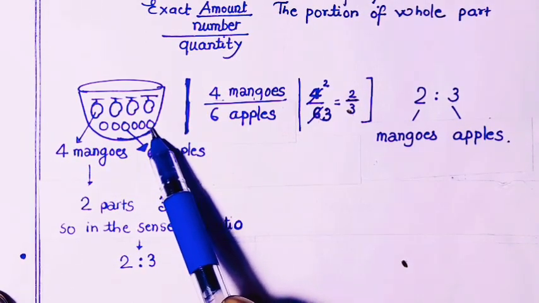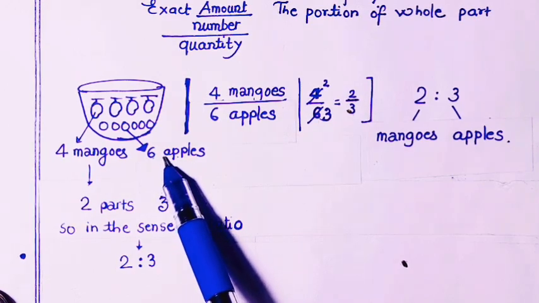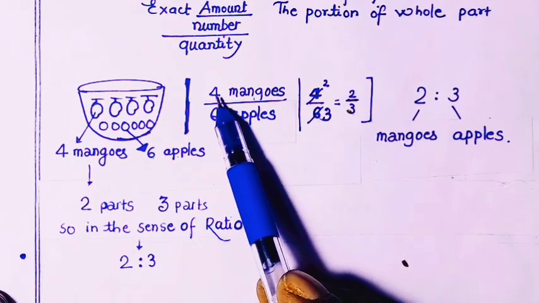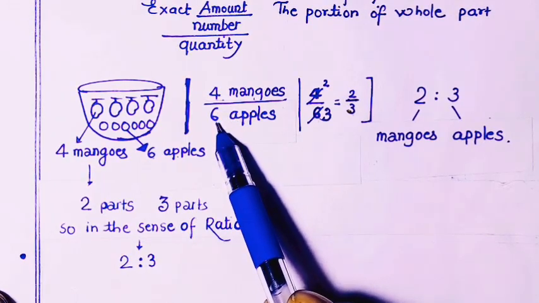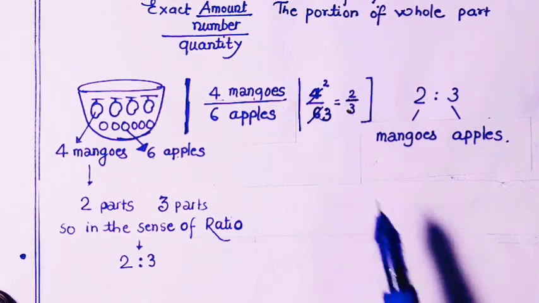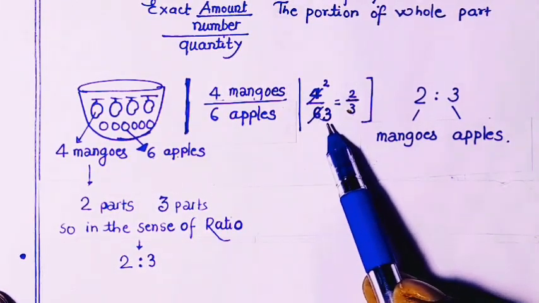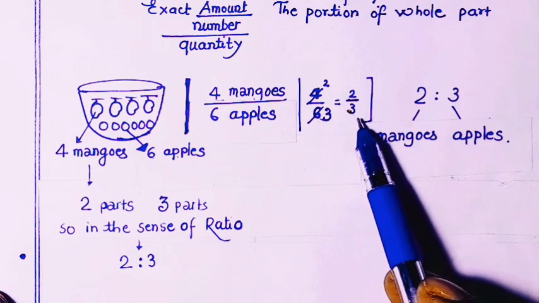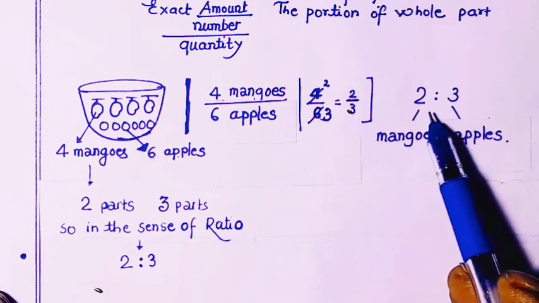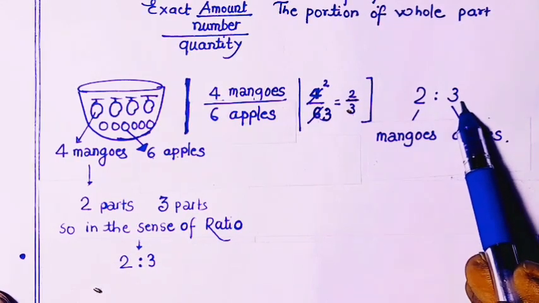When it will be written under the fractional number, then it will be written 4 by 6. And when 4 by 6 will be changed into its simplest form, then it would be 2 by 3 and under ratio 2 to 3.